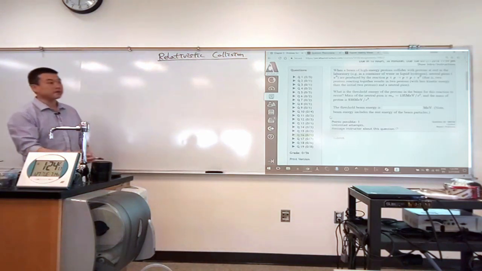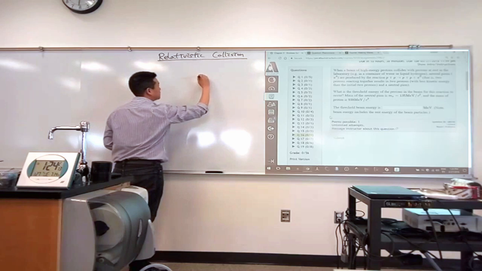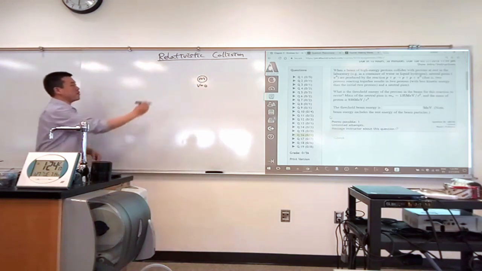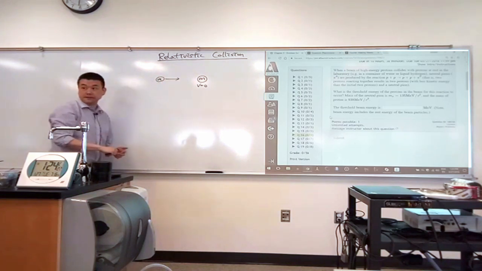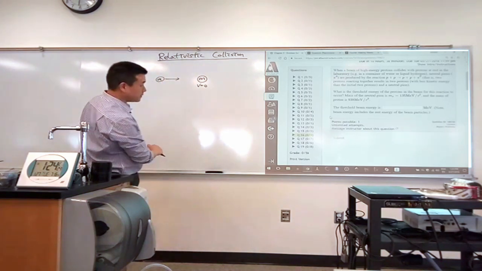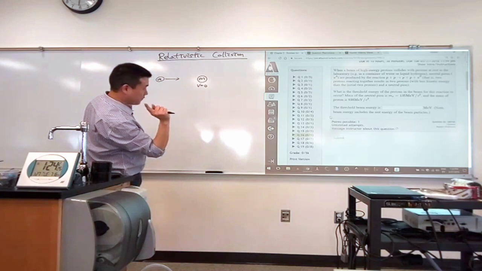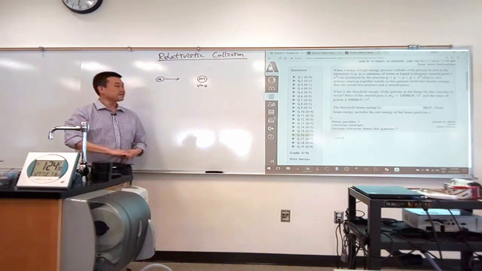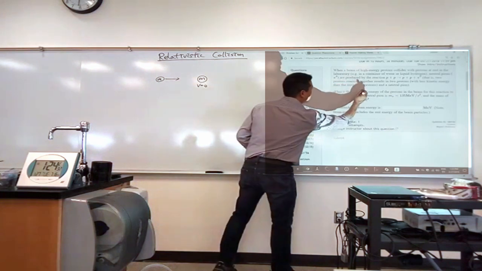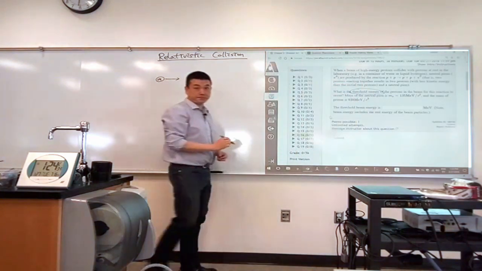So we have a particle at rest. And we have another particle of higher mass that's going towards it. It would be easy if they gave us the velocity, but they don't. So it's asking for the threshold energy.